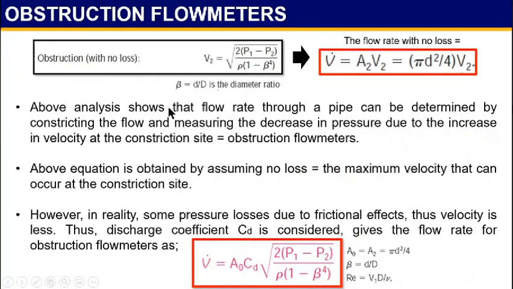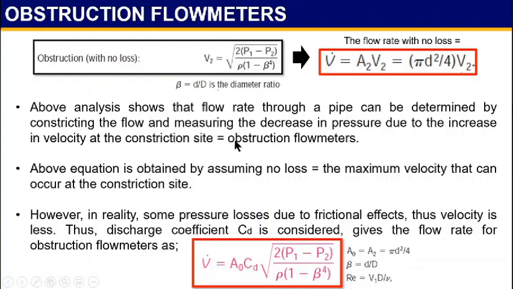Alright, so now the above analysis shows that the flow rate through a pipe can be determined by constricting the flow and measuring the decrease in pressure due to the increase in velocity at the constriction side. So this concept is actually the concept of obstruction flow meters.